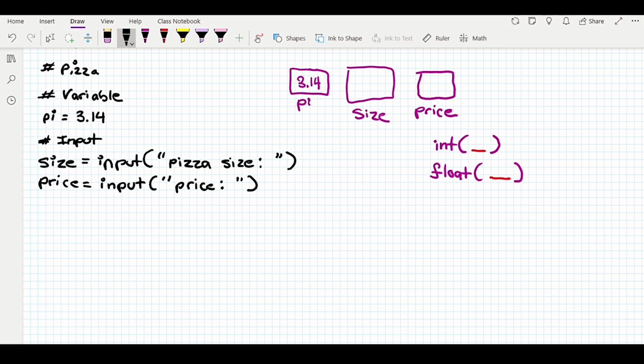Now, some folks may have done something like int input. That's a nested function. The innermost function will get evaluated first, so Python will ask the user for their input, and then once the input comes in, it will be converted to an int.